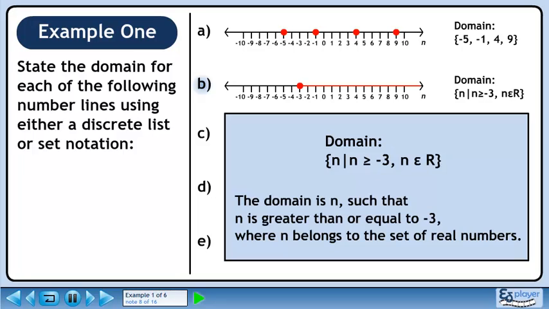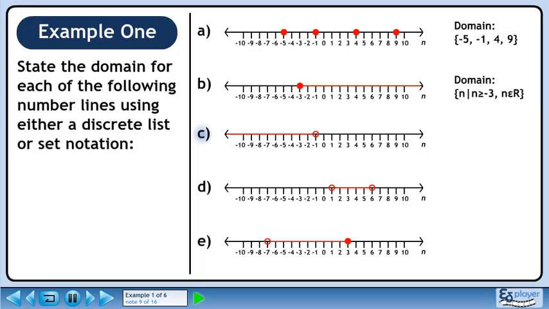Applying our work to part B, we read this as, the domain is n such that n is greater than or equal to -3, where n belongs to the set of real numbers. The number line in part C has an open endpoint at -1 and extends to the left forever.